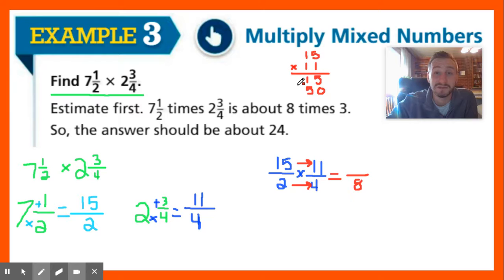And 1 times 1 is 1. Last thing is just add them all up. 5 plus 0 is 5. 1 plus 5 is 6. And nothing plus 1 is 1. So 15 times 11 gives you 165.